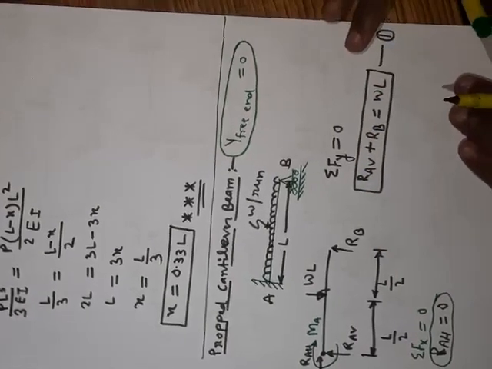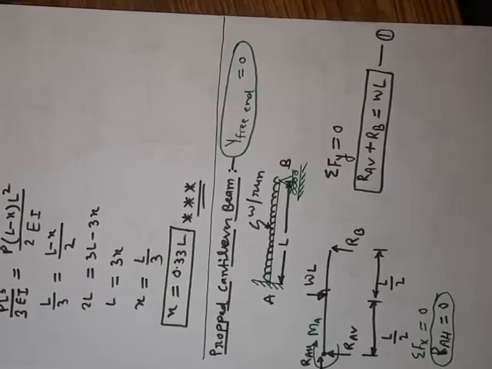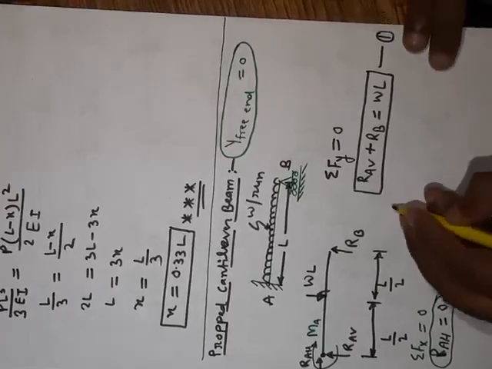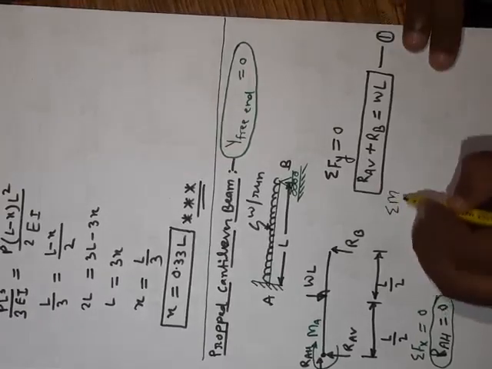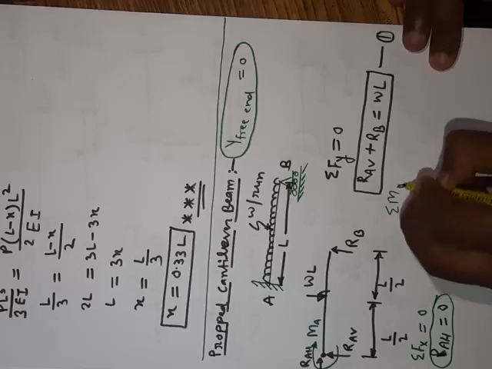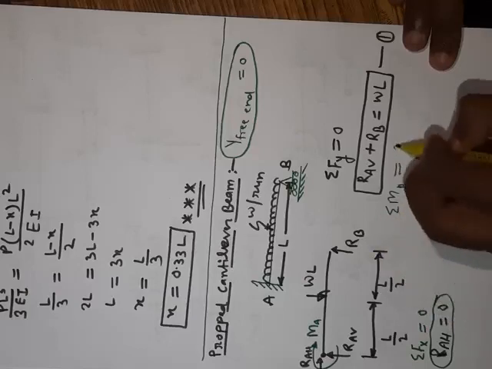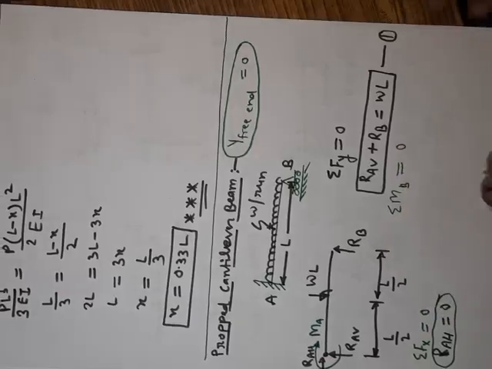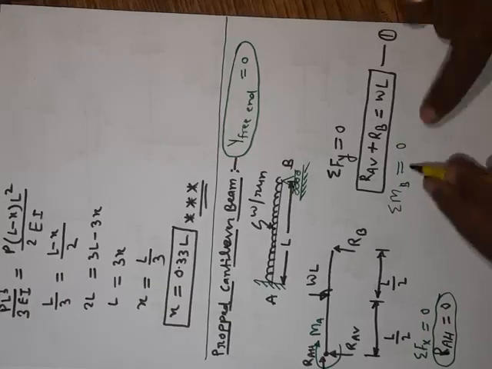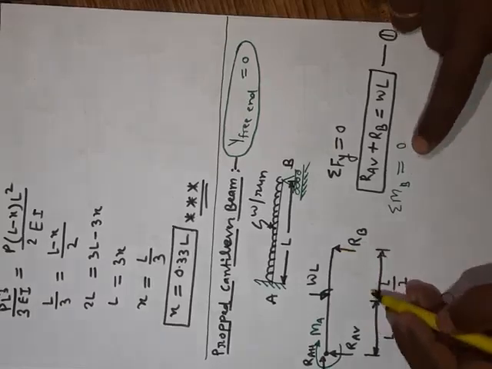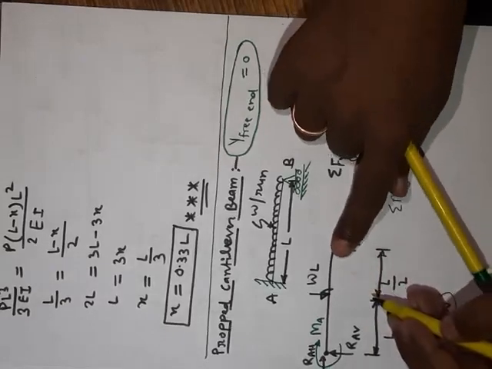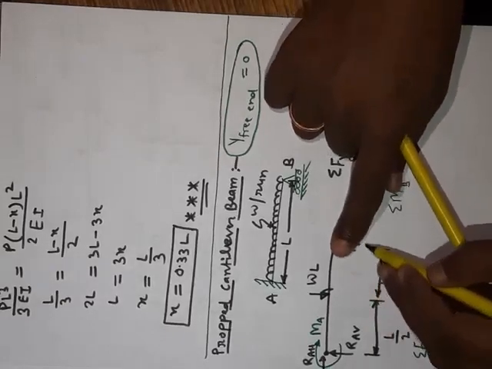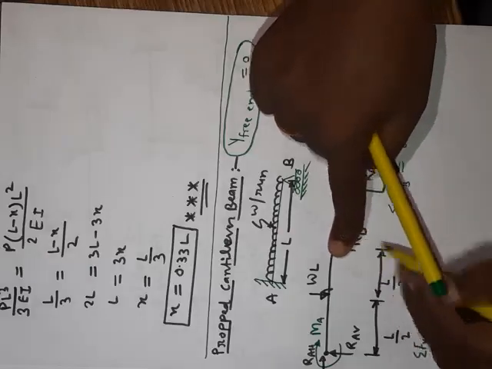And the third equilibrium equation we will use: the algebraic sum of moments about any particular point should equal 0. I am taking the algebraic sum of moments at point B and equating it with 0. At point B, RB will never make a moment because it has no perpendicular distance.